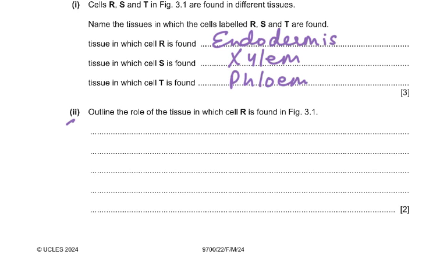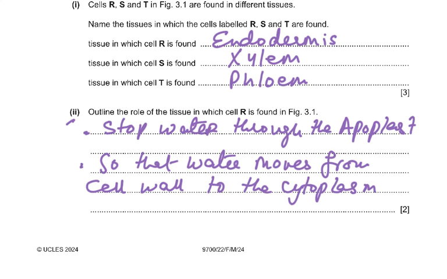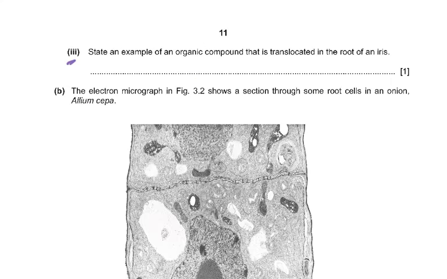And then this allows the control of substances into the root, or you could have talked of the Casparian strip. Then part 3, state an example of an organic compound that is translocated in the root of an iris. Very simple: sucrose, amino acid, protein, or you could say a named plant hormone.